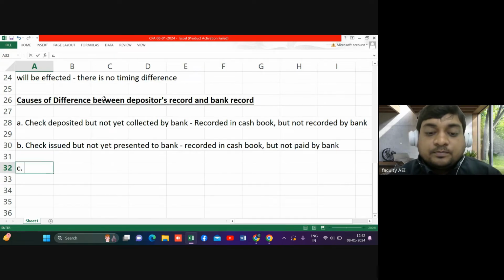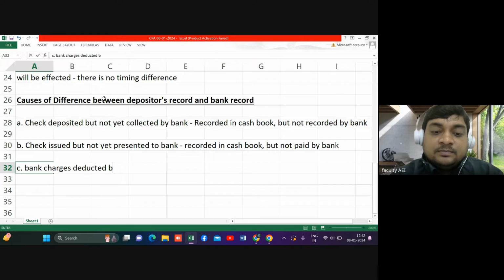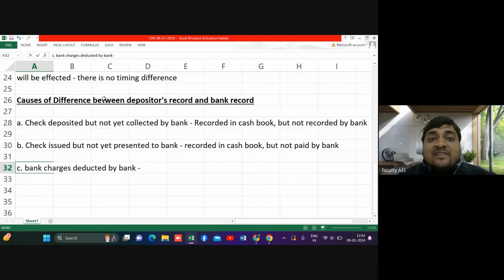Now, bank charges deducted by bank. This is something which I will come to know only when I update my passbook or only when I get the statement from the bank, right?